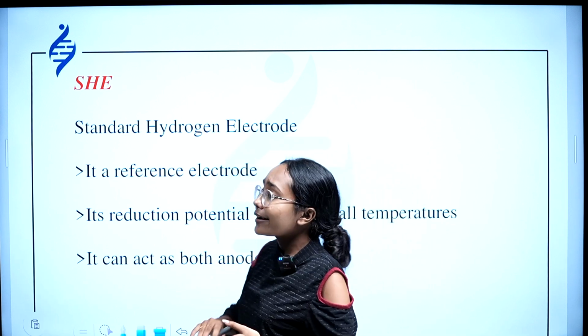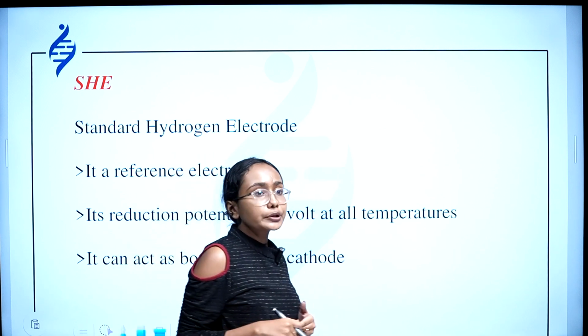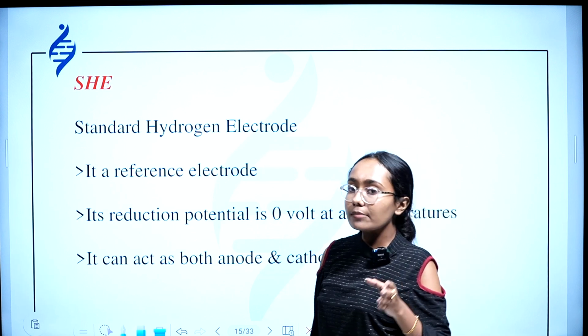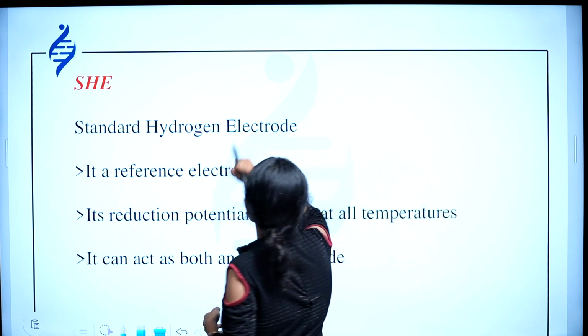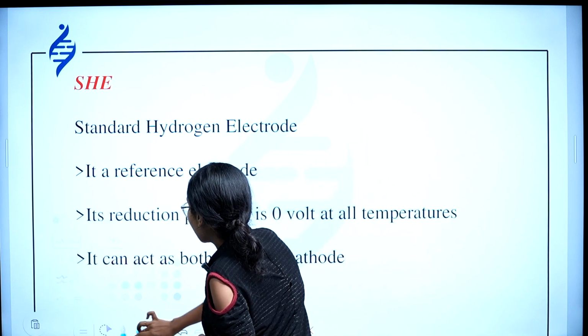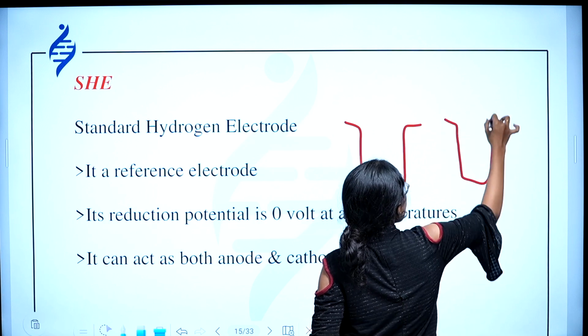Before coming to the standard hydrogen electrode, in the previous class, that is part 1 of electrochemistry, I missed a topic about the Daniell cell. We'll be discussing that missed topic today, and then start with the standard hydrogen electrode. Consider two beakers.